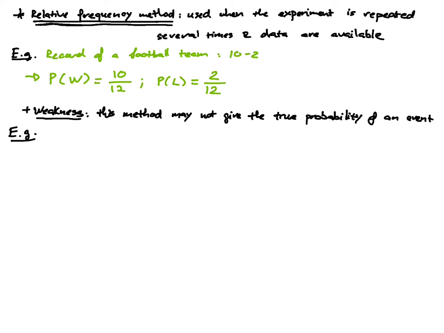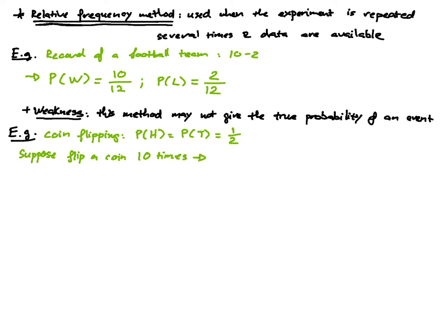Suppose that we go back to the coin flipping example. Now, we know that the probability of getting a head is equal to the probability of getting a tail, which is equal to 1/2, right? If we have a fair coin, right? Now, suppose you take out a coin right now and flip it 10 times, right?